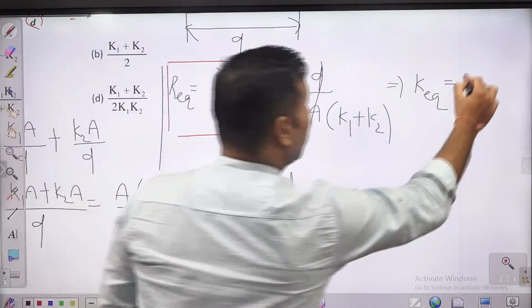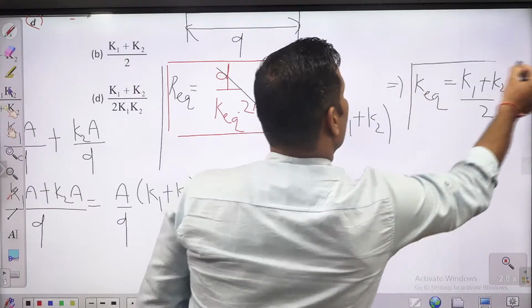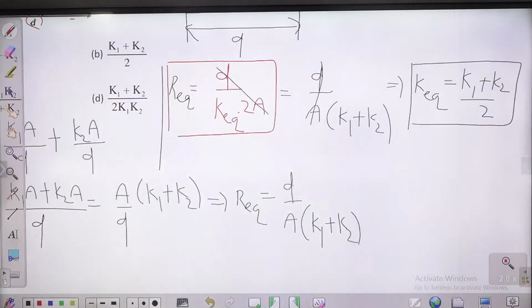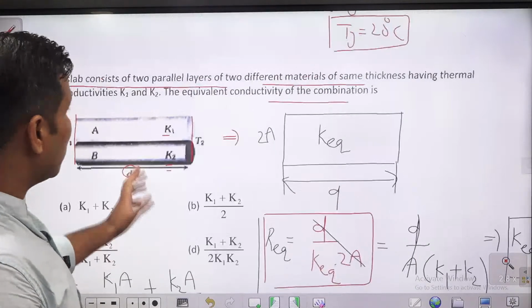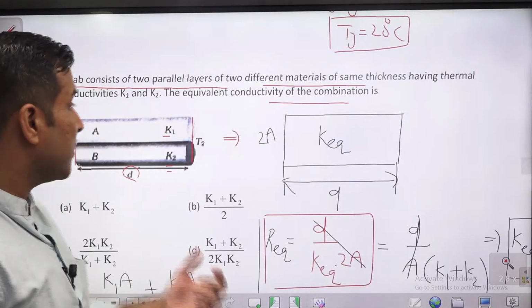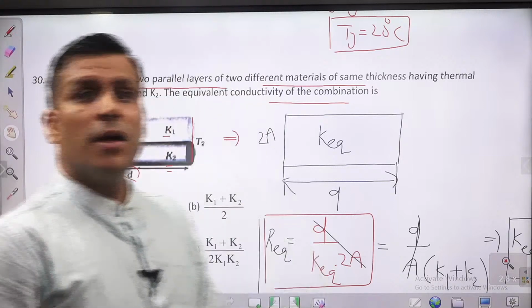It will be K1 plus K2 divided by 2. So this only you need to keep in mind. If you are having resistance in parallel, this is how to find out the equivalent resistance. Earlier we have solved a case when you are having members in series. Fine.